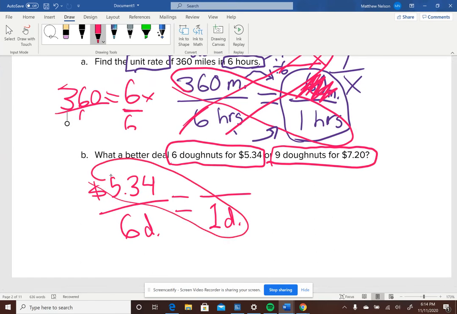And then I'm going to get 534. And then here I have 6 multiplied by x, my missing value. 6 multiplied by x is going to give me 6x. And so from here, I can divide both by 6. And let's see, if I do 534 divided by 6, I'm going to grab my calculator for this one.